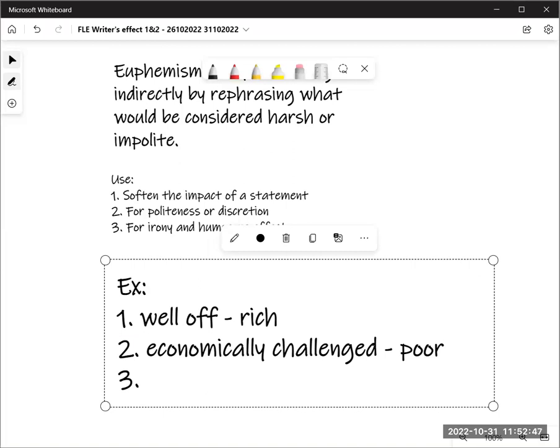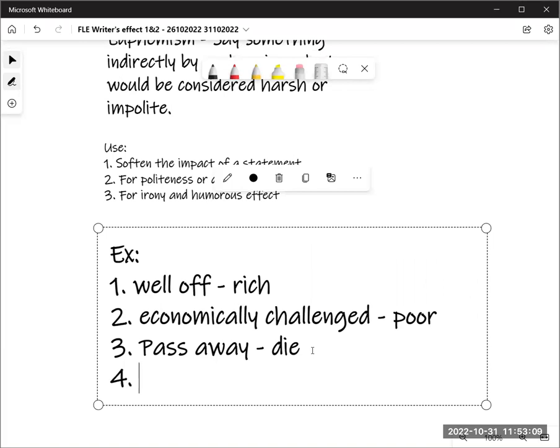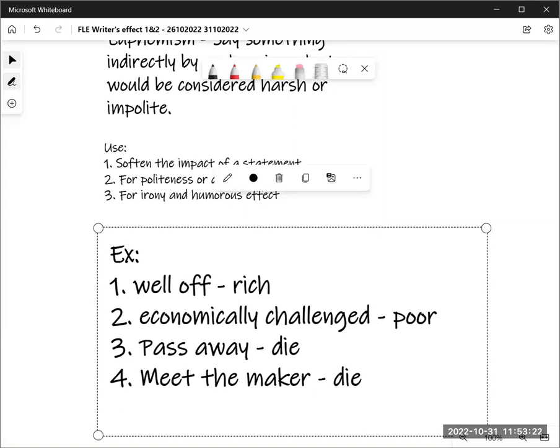I'll give you another one, which is passed away, which means to die. We could give another one, which is eternal rest, or meet the maker, which is also to die. Now I want you to use these in your writing, all right?